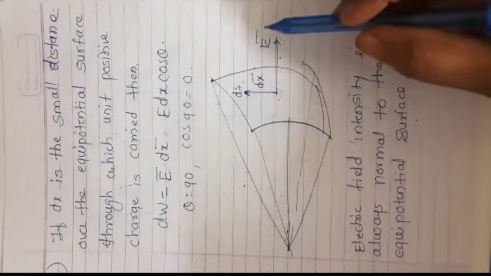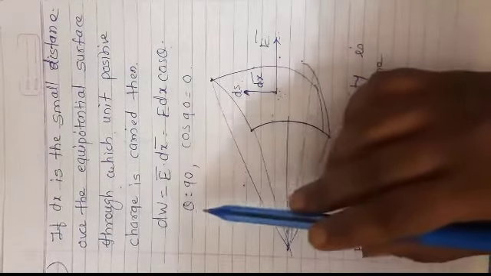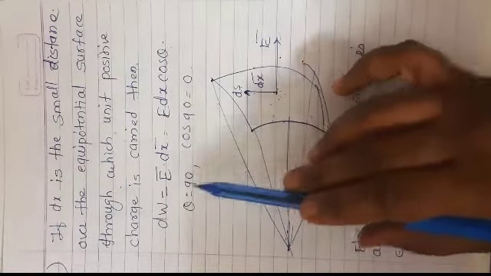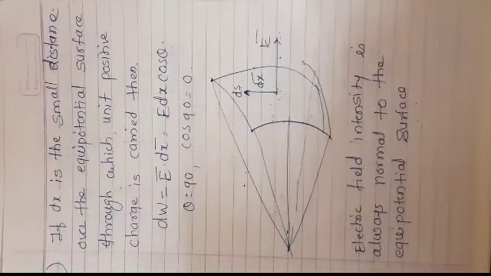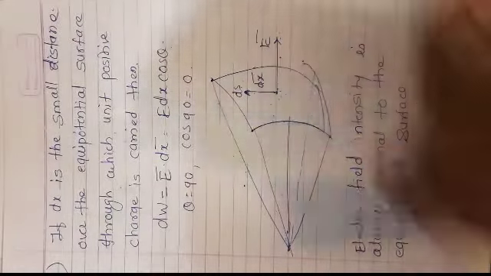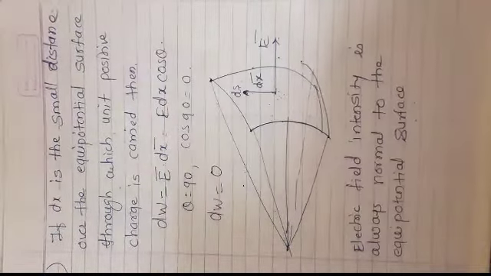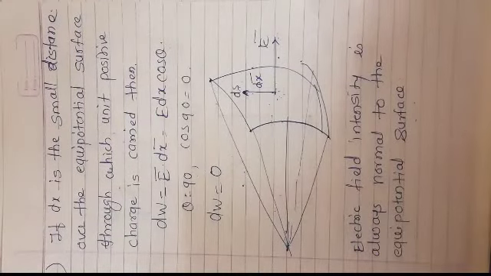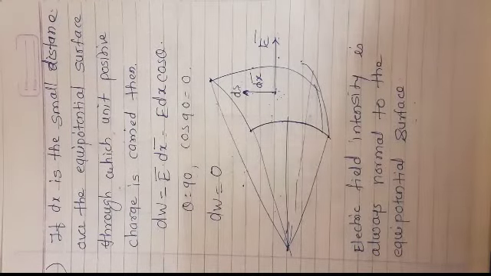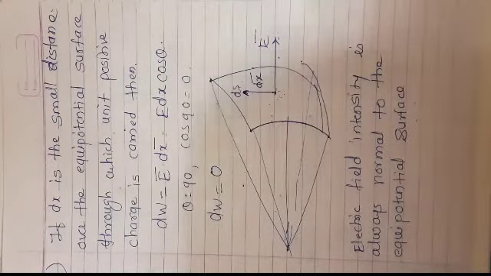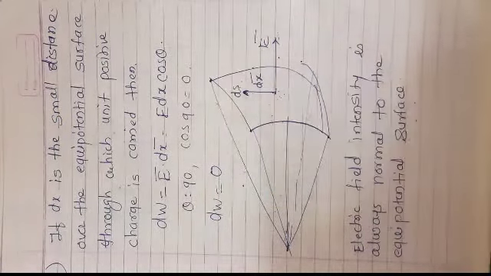If they are perpendicular, then theta is 90, and cos 90 is equal to 0. Then if cos 90 is 0, the work done is also 0. Whenever the charge moves between points on an equipotential surface, there is no work done. So this work done is 0.